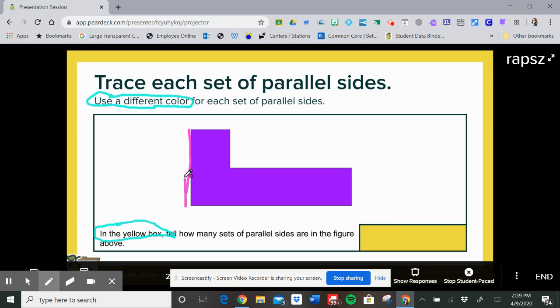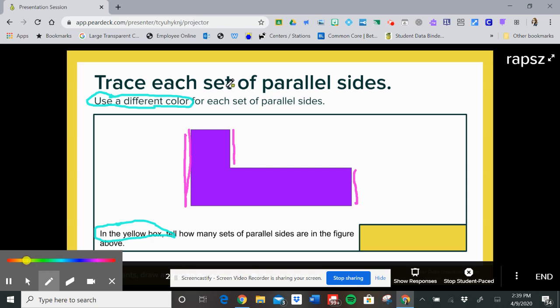So remember again, parallel, side by side, they never touch. So this is parallel to this, and it's also parallel to this. Some of you did that as 2 separate. You said this is parallel to this, and then this is parallel to this. That's okay if you did that, but know that parallel sides can have more than just 2 lines there.